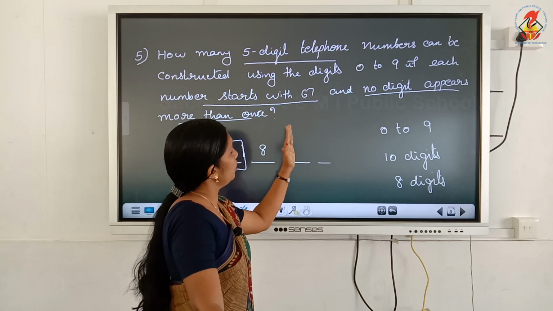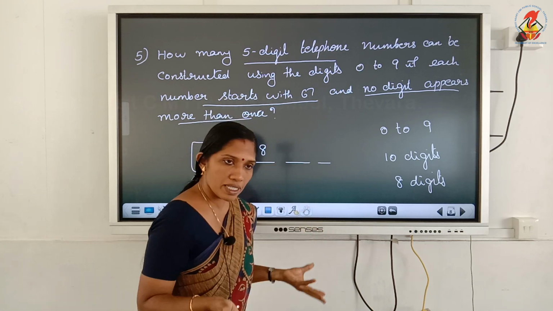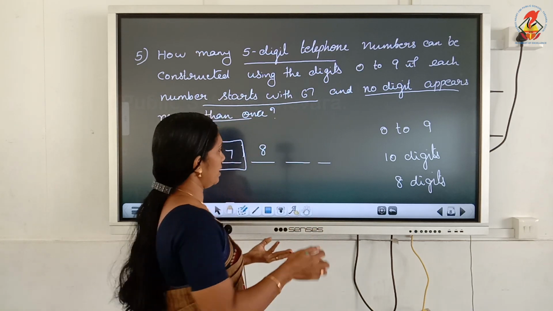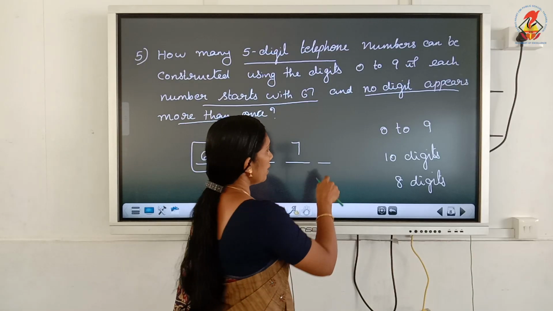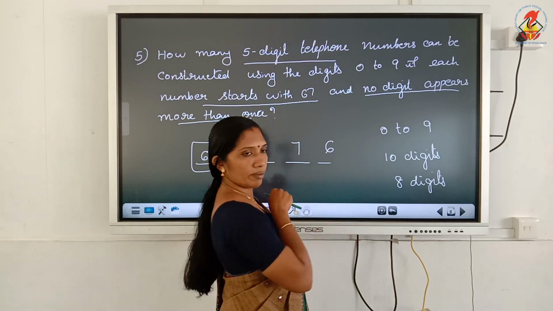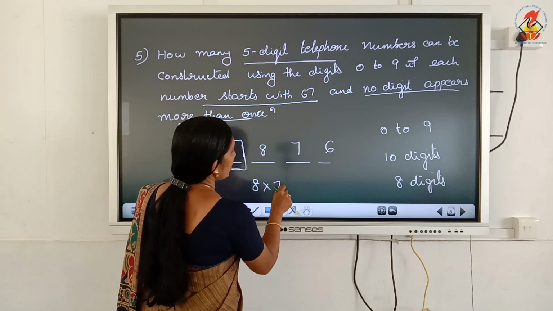That digit you can't use in the next place. So when we move to the next place, how many digits in our hand? Only 7 digits. So in 7 different ways we can fill the next place. And the last place, how many ways? 6 only. Okay, so 8 into 7 into 6.